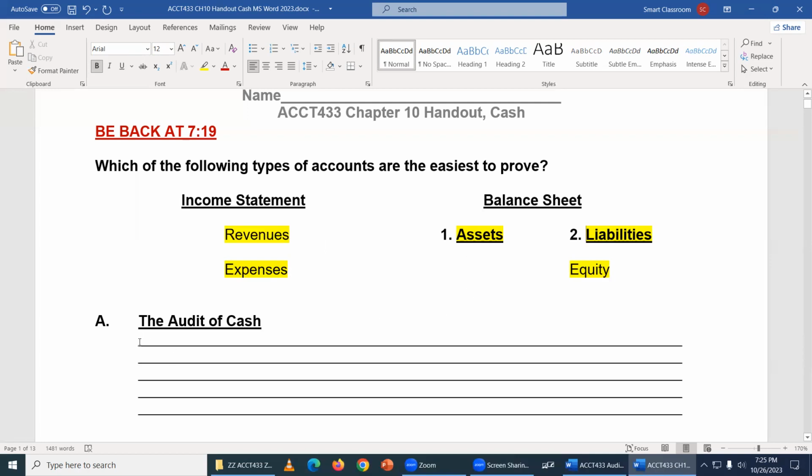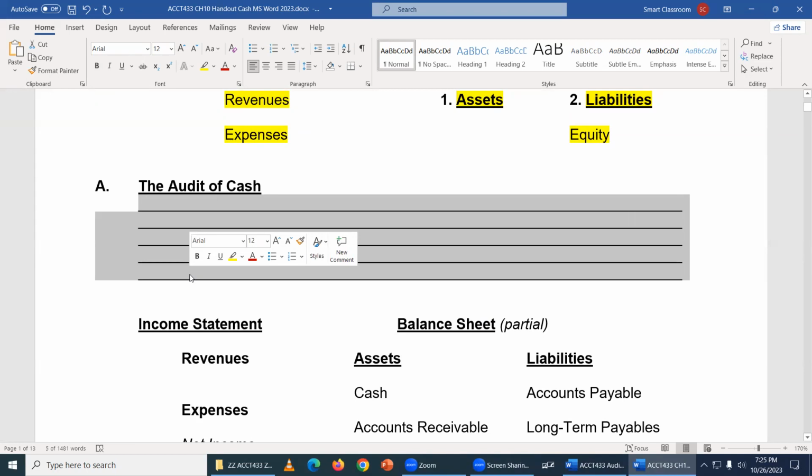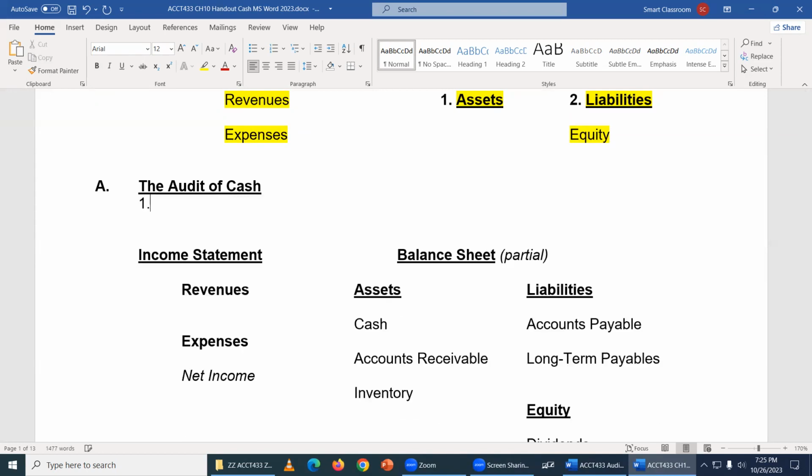Okay, audit of cash. What do we know about the audit of cash? What do we do with it? First of all, the dollar amount in the cash account may be immaterial.